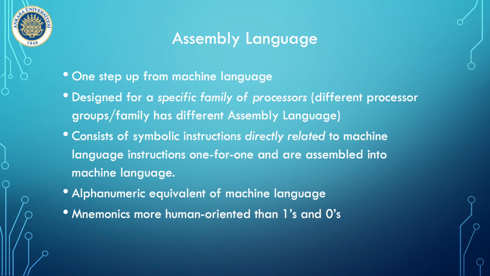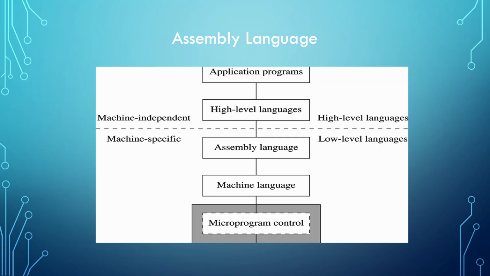Assembly language can be described as one step above machine language. While machine language is written entirely in binary, assembly language uses symbolic instructions that are easier for humans to read, yet still very close to hardware. One important characteristic of assembly language is the use of mnemonics.